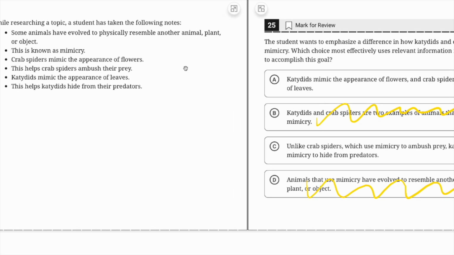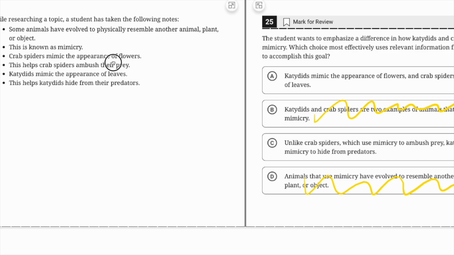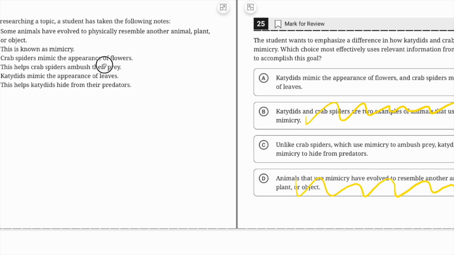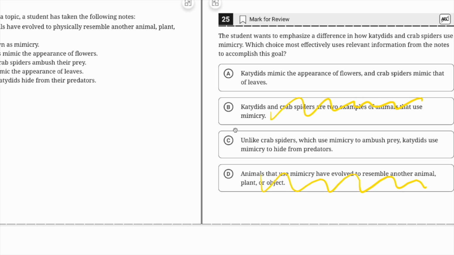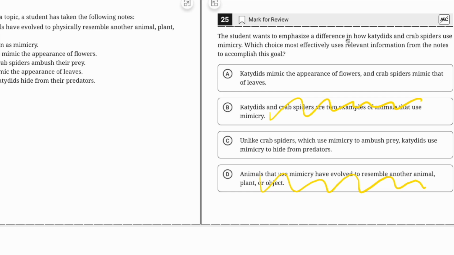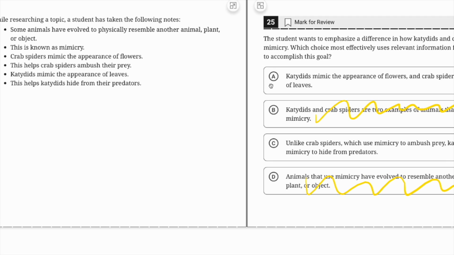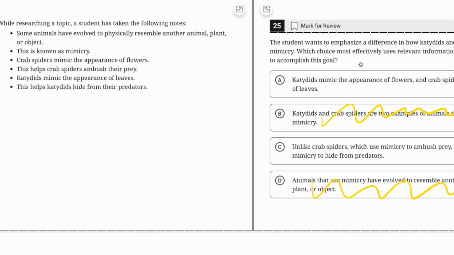And so crab spiders use mimicry to ambush their prey. They use it. And actually, this is pretty tricky now that I think about it, because how they use it. Is that the same thing as for what purpose do they use it?